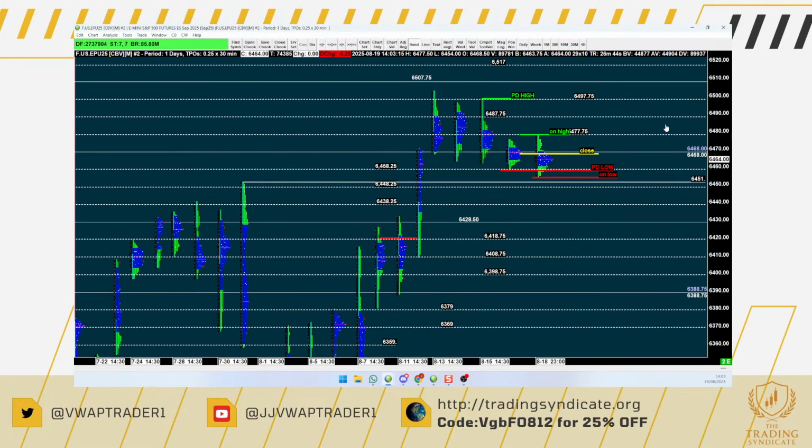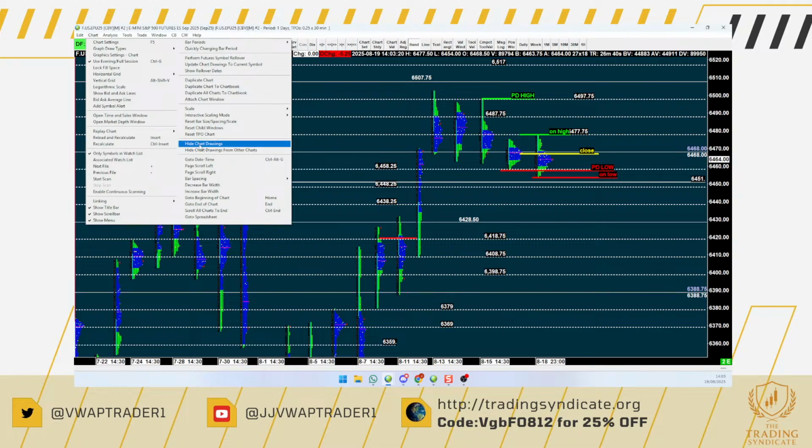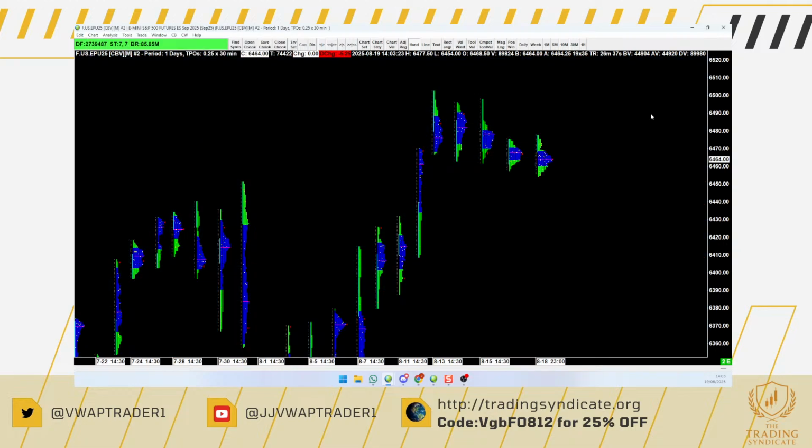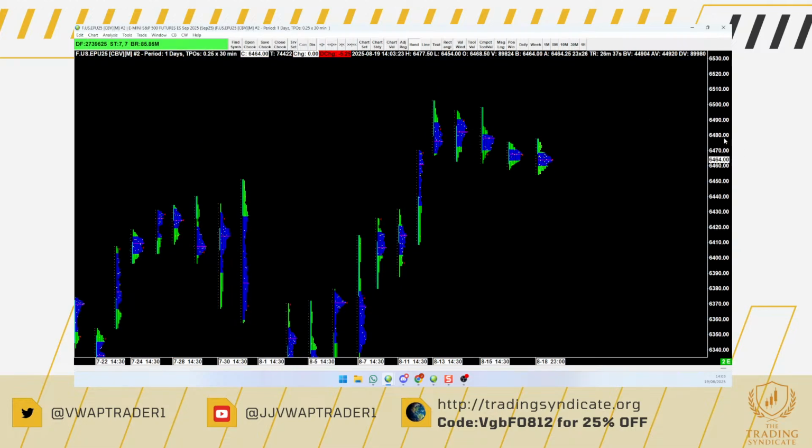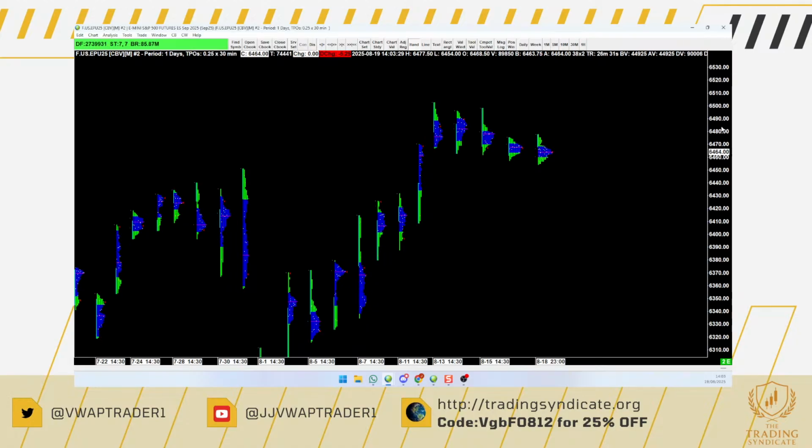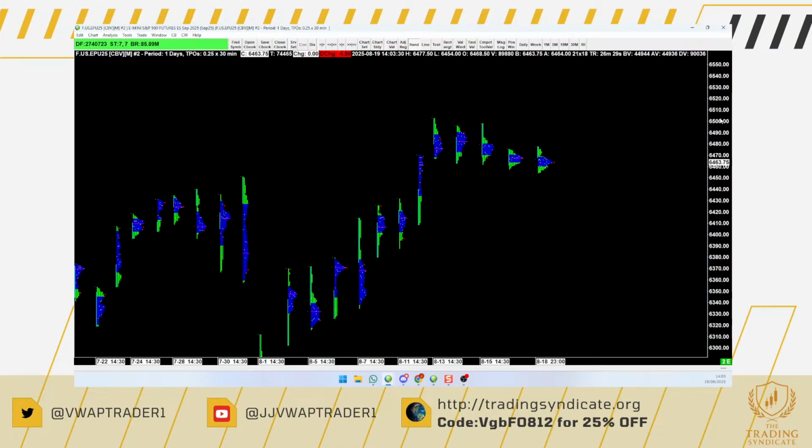So, I want to show you guys something that's kind of interesting. If I get rid of all these drawings, take a look at the market structure. And if you look at the market structure, and we take a look at the high of that day, it's just around 64.50.